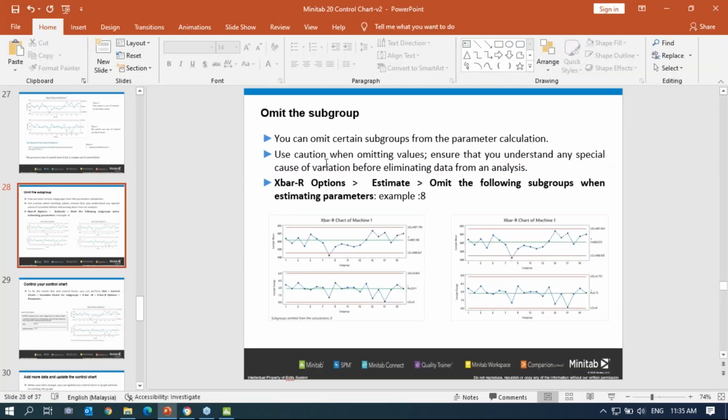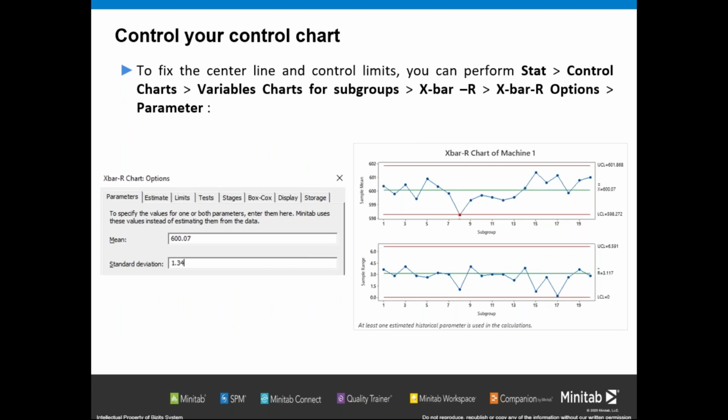Use caution when omitting values; ensure that you understand any special cause of variation before eliminating data from an analysis. Okay, so this is the first feature in Minitab you can do. Another one, you want to fix your control chart, fix the center line, or fix the control limit.